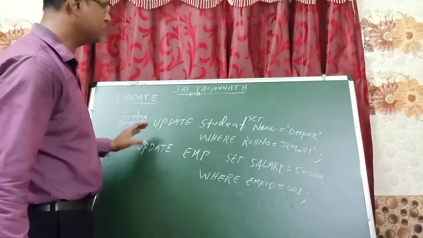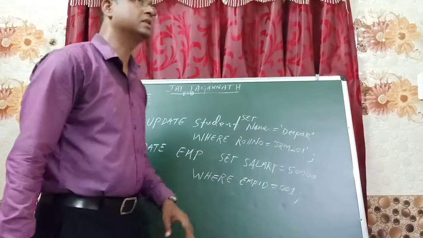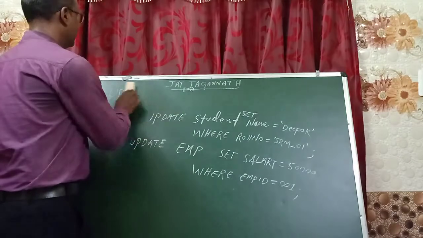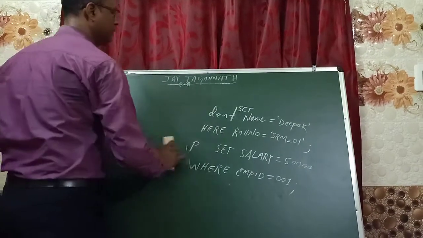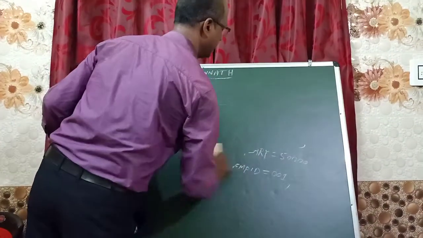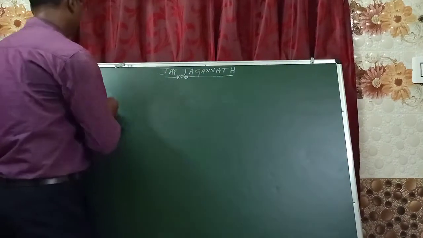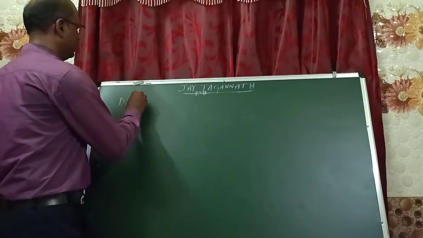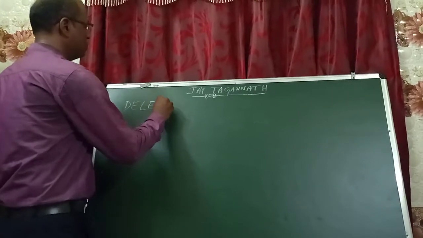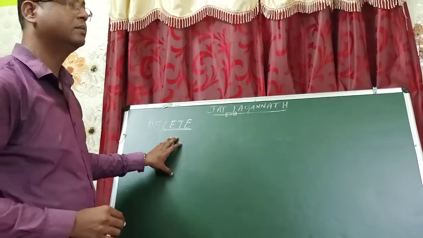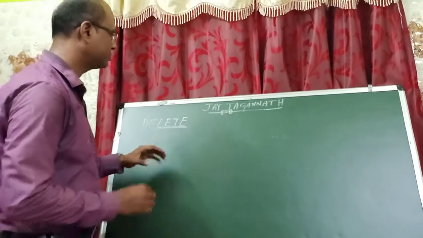Update command is used to change the existing data inside a table. Last command is the delete command. Delete command is used to remove the unnecessary data from the table.